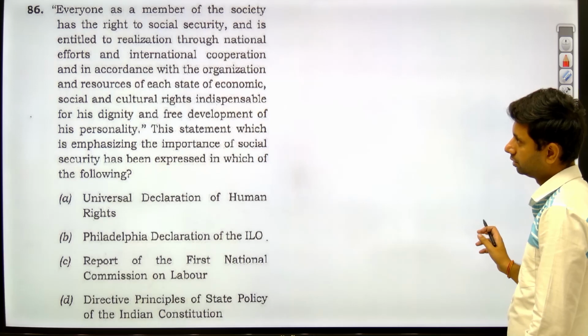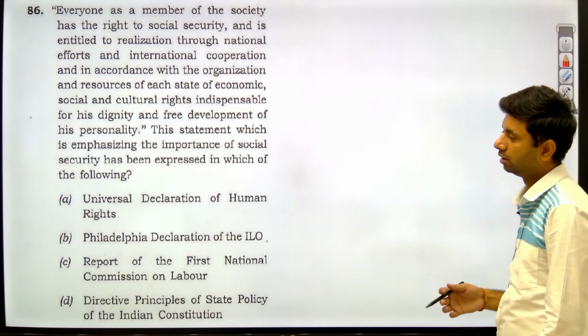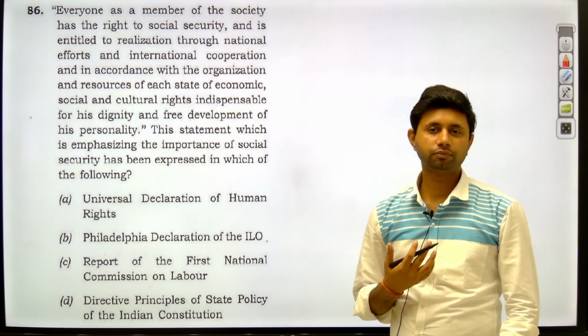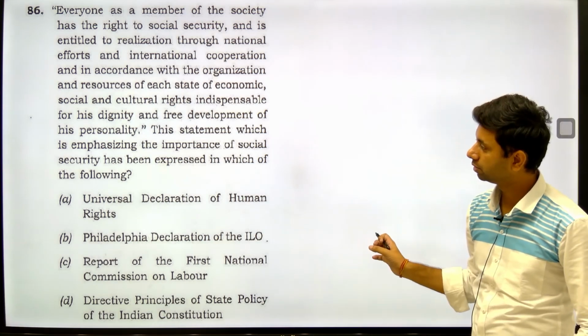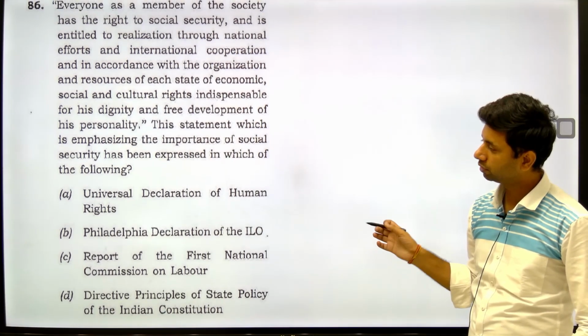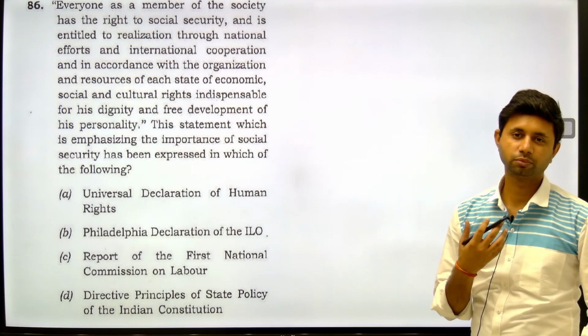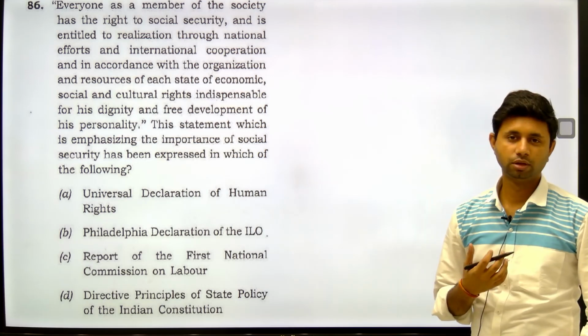Now read this question, everyone. Such questions are the kind where we feel that we may not be able to do them, but if we have to attempt such a question, what should be our best possible option?